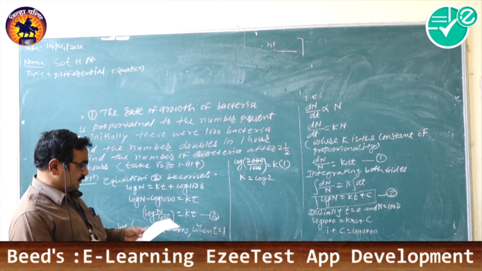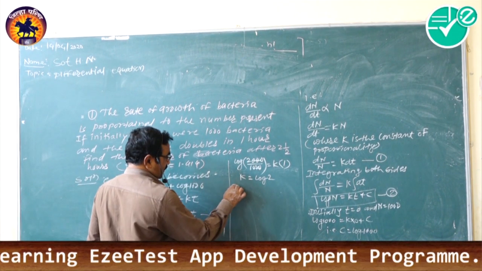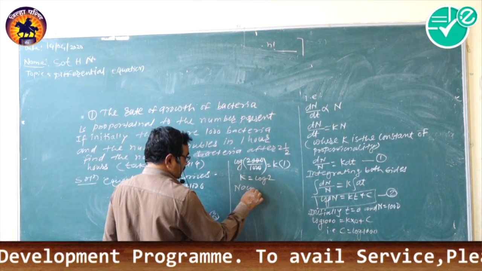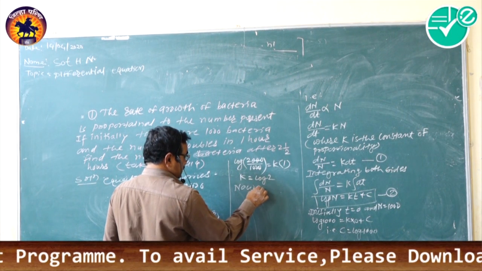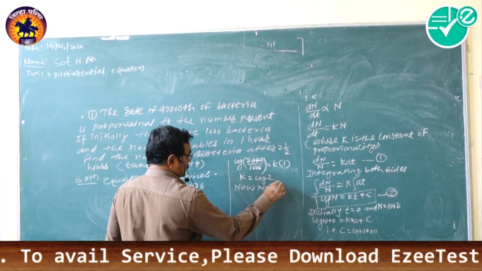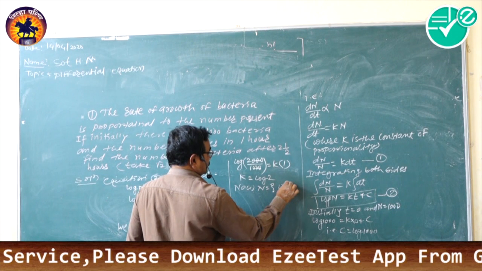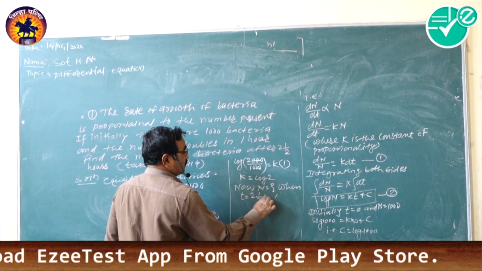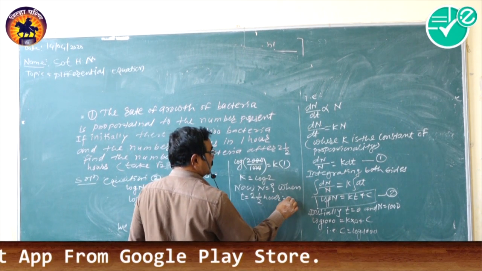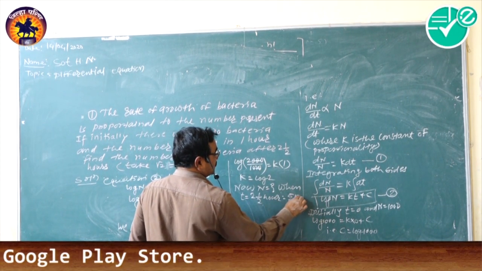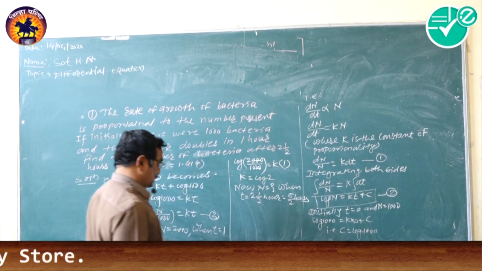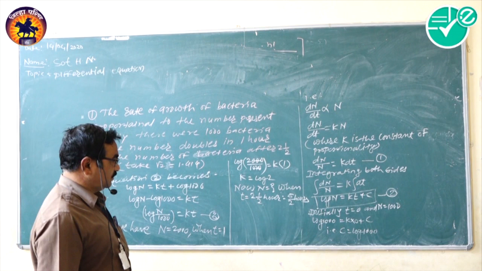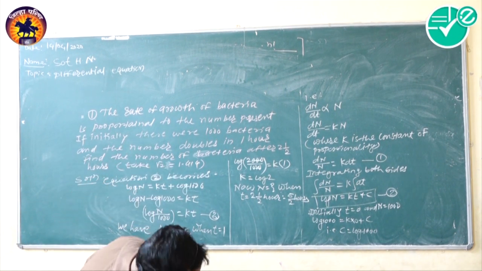Now N equal to what when t equal to 2.5 hours, that is 5/2 hours? In that period, we find the value of bacteria present.